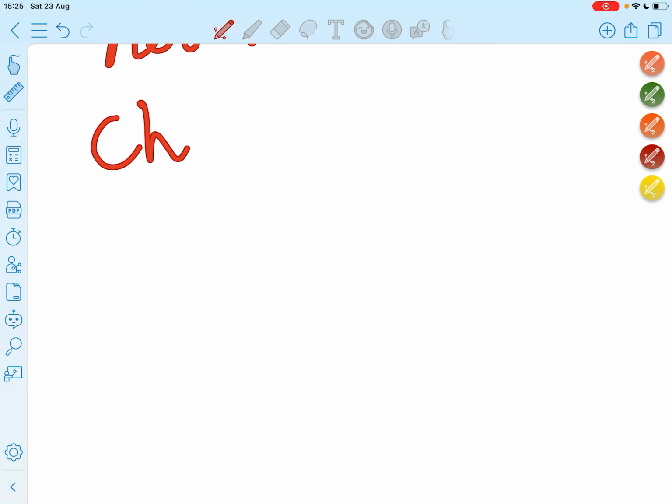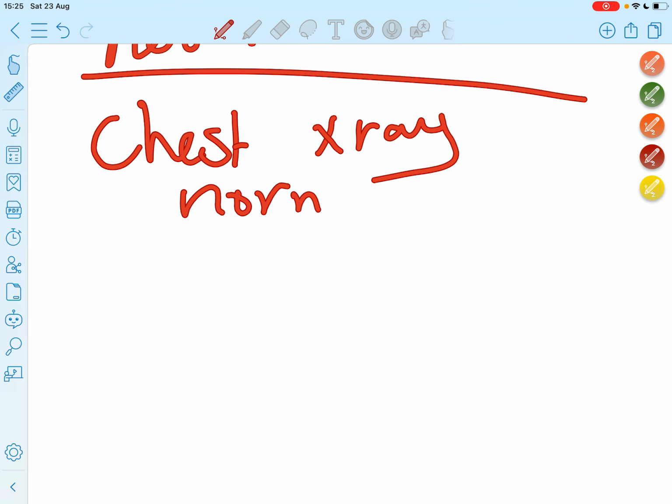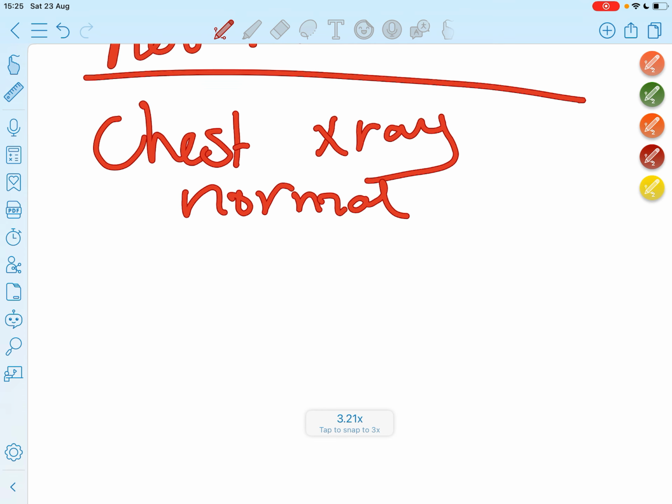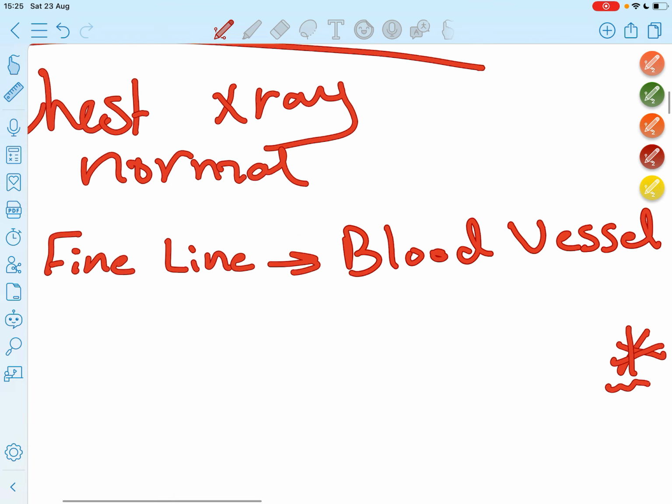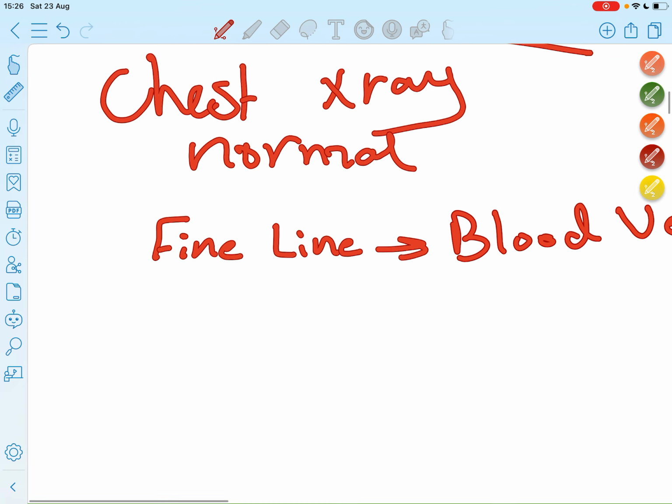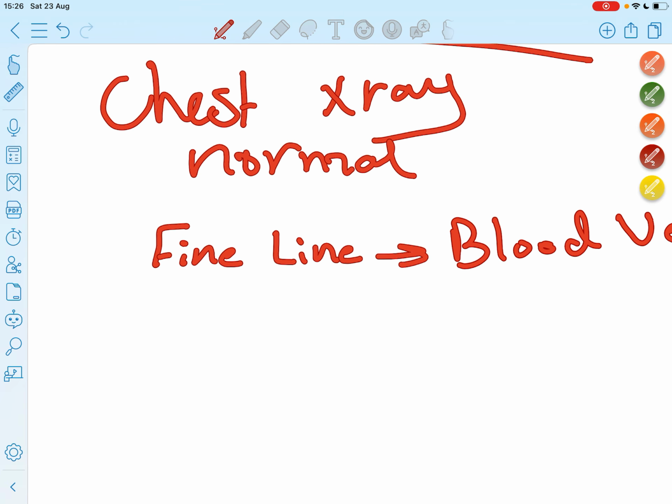Okay, in a normal chest X-ray, we will see fine lines that represent blood vessels. But because in this disease less blood goes to the pulmonary circulation, the fine lines will decrease.